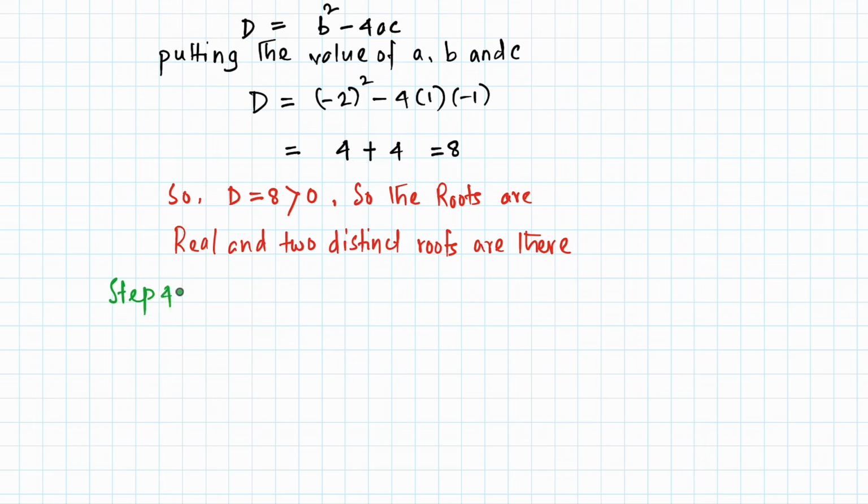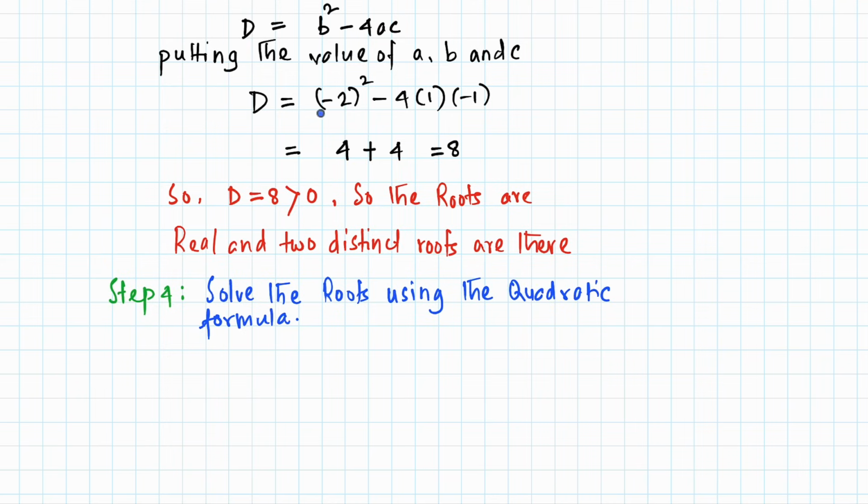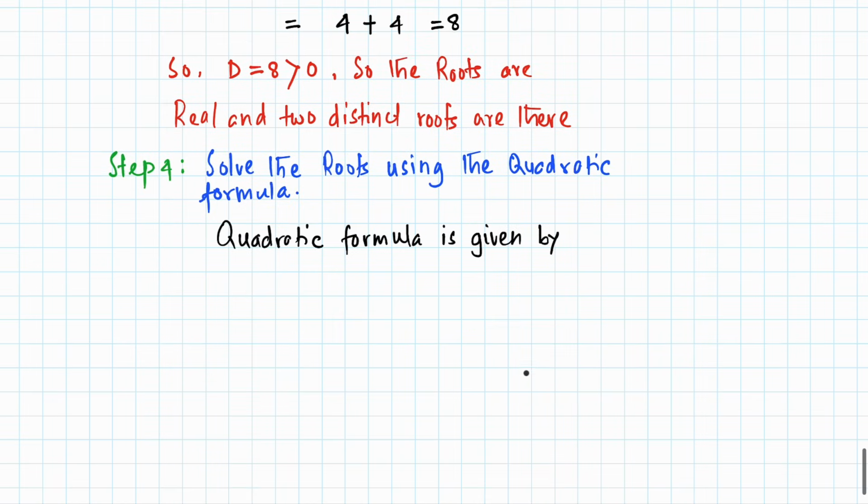Now step 4, solve for the roots using the quadratic formula. The quadratic formula is given by x equal to minus b plus minus root over b square minus 4ac by 2a.